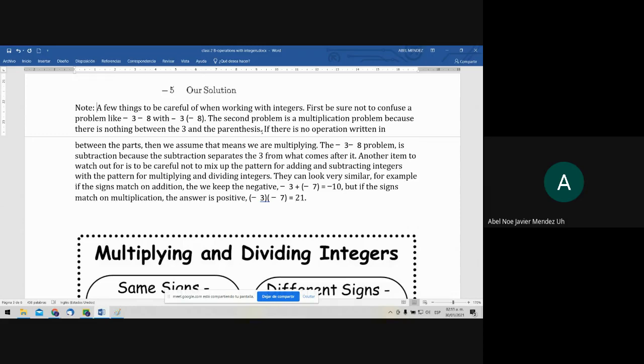First, be sure not to confuse a problem like -3 minus 8 with this other operation, -3 times -4. I'm going to mark them to differentiate these operations.